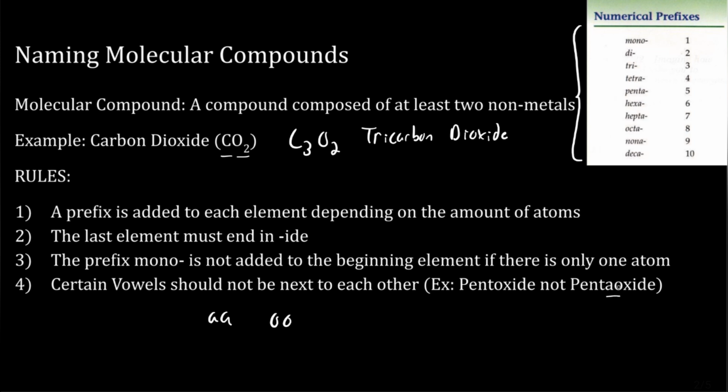This is wrong because A and O are next to each other. The proper way of writing this is pentoxide, dropping the A from the prefix. So typically if that occurs, you want to drop the vowel that comes in the prefix, and that'll fix the issue. And I should probably elaborate. The vowel combinations that are not allowed are AA, OO, and AO.